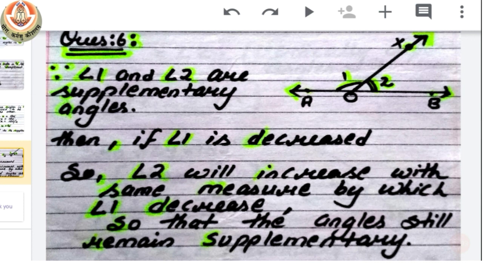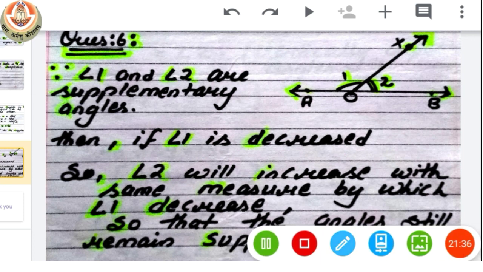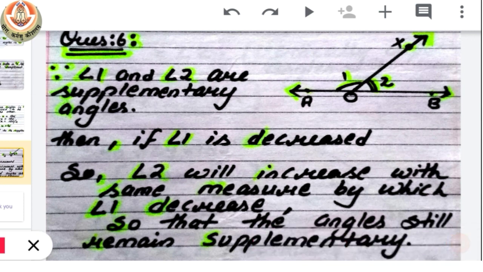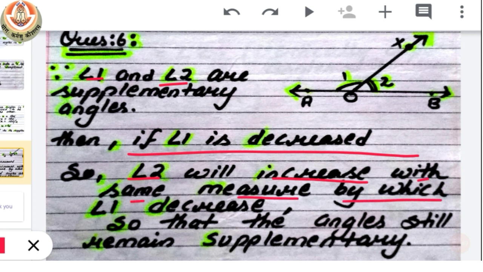This is the solution for question number 6. It is given that angle 1 and angle 2 are supplementary angles. Then if angle 1 is decreased, angle 2 will increase by the same measure by which angle 1 decreases, so that the angles still remain supplementary.